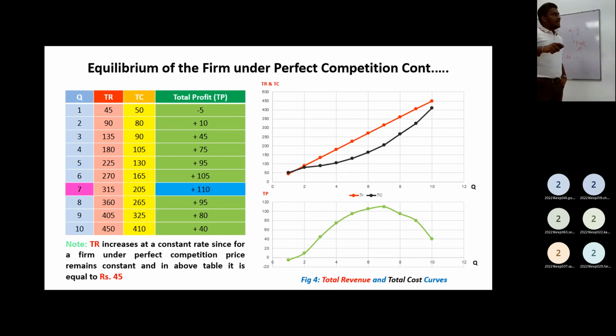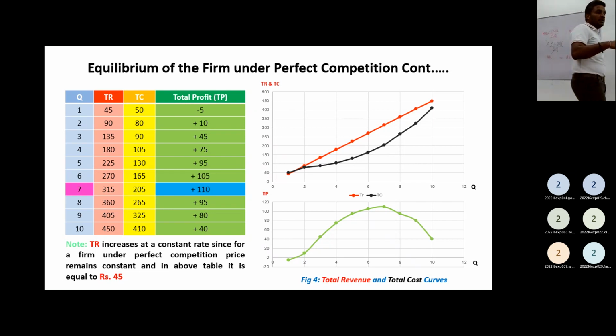Okay, very simple. And this is the behavior of your total revenue curve. It's upward sloping, and this is your total cost curve, right? So the gap will be maximized at the point of 7. And this is the behavior of your profit curve.